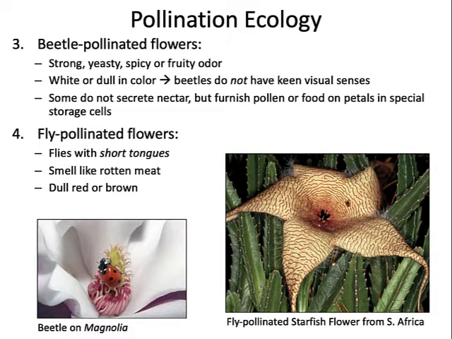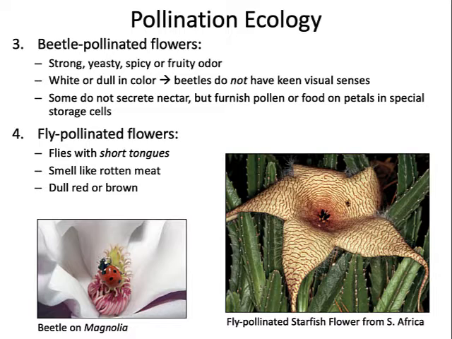And they're also really bad at flying, so those beetles tend to be attracted to big open flowers that are easy for them to land on. Also, some of these beetle-pollinated flowers don't produce nectar at all. Instead, they make tons of pollen, and so the beetles will eat some of the pollen, but some of it gets stuck to their body, and so outcrossing happens.